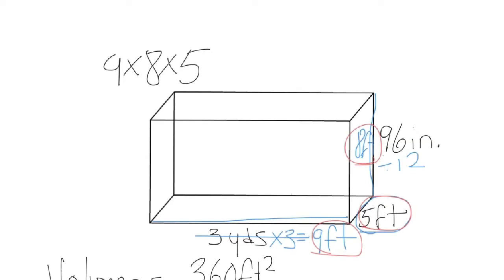Now, in case you didn't solve it for feet, that would be the same as 622,080 cubic inches. And in case you did yards, your answer would be 13.3 repeating cubic yards.